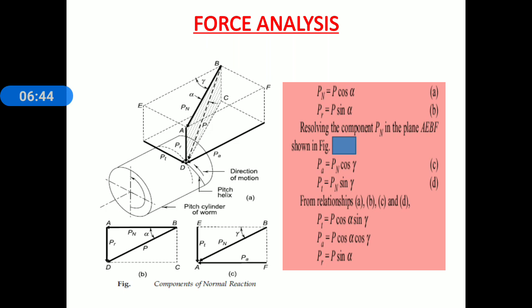Consider this equation A. Sin alpha is equal to opposite side to the hypotenuse. Opposite side is PR and hypotenuse is P. Therefore, sin alpha is equal to PR divided by P, and therefore PR is equal to P into sin alpha. Consider this equation B.